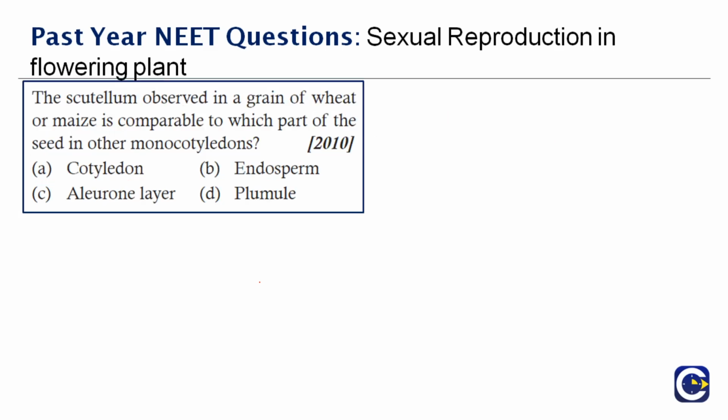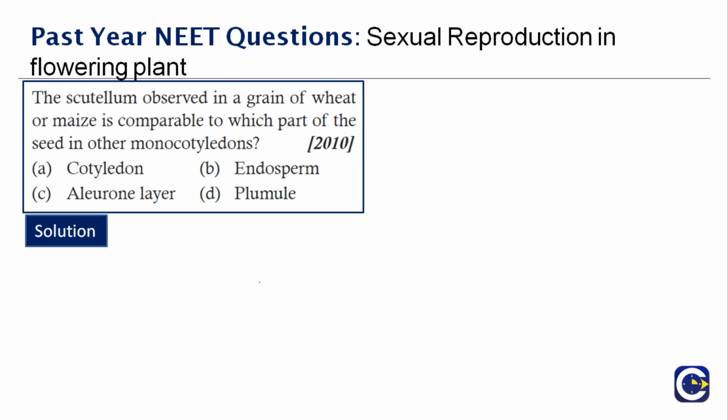Next question here. The scutellum observed in a grain of wheat or maize is comparable to which part of the seed in other monocotyledons? So the scutellum is a part of the structure of a barley or a rice seed, the modified seed leaf. This can also refer to the equivalence of the thin cotyledon in monocots.